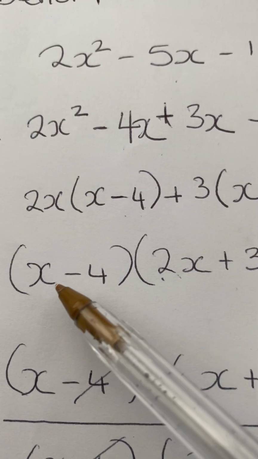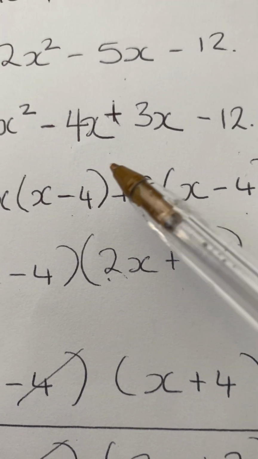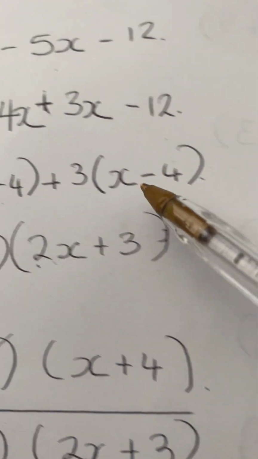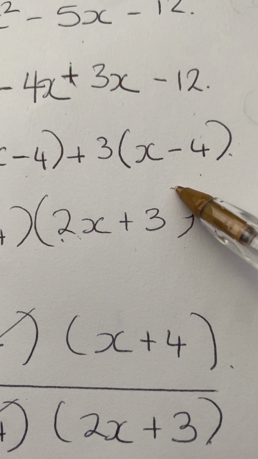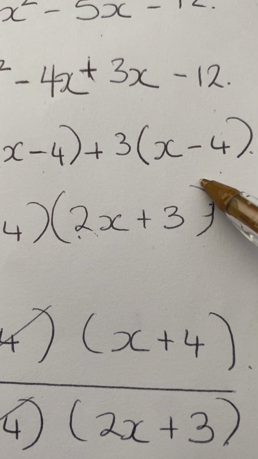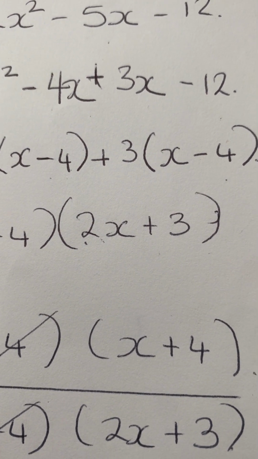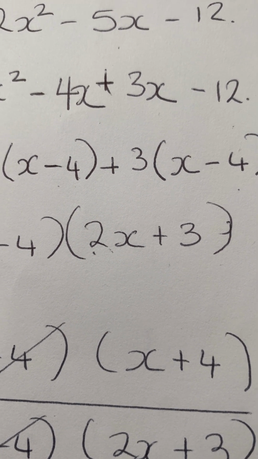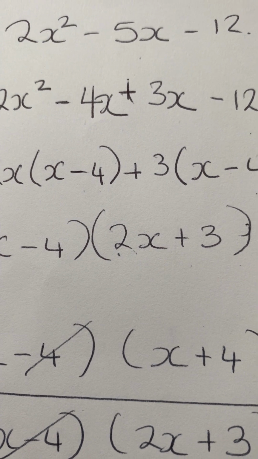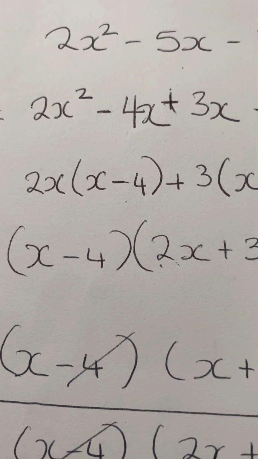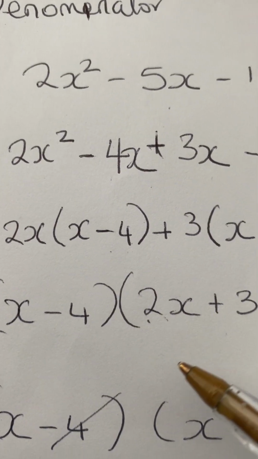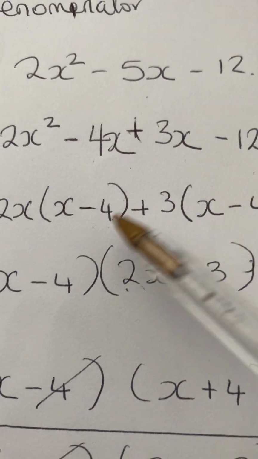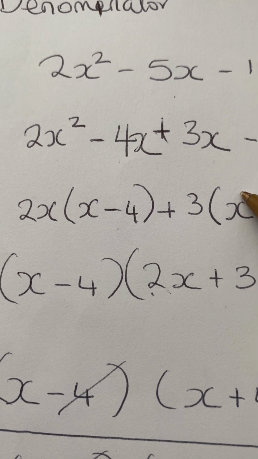You should always have the same expression in brackets for this to work. As I said, for the sake of answering the question, some of you may have done it, but I will do a video on that. So straight away, the denominator now becomes x minus 4, 2x plus 3.